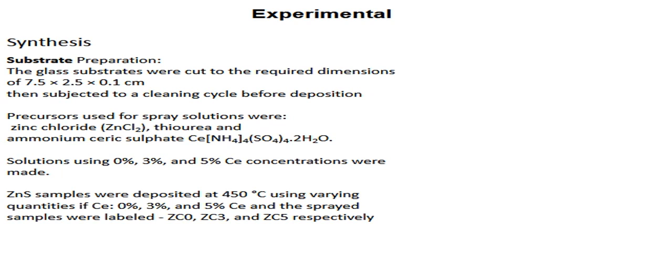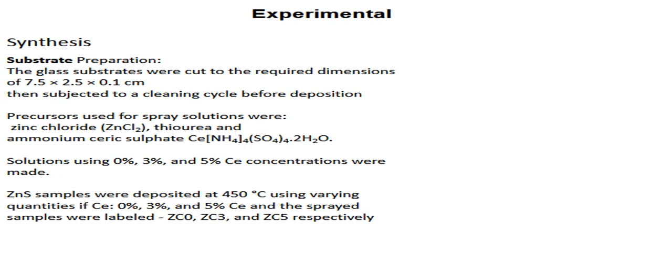Because we've known that the crystalline nature of this zinc sulphide comes in at any temperature above 400 degrees, these films were deposited at 450 degrees C using the different concentrations.